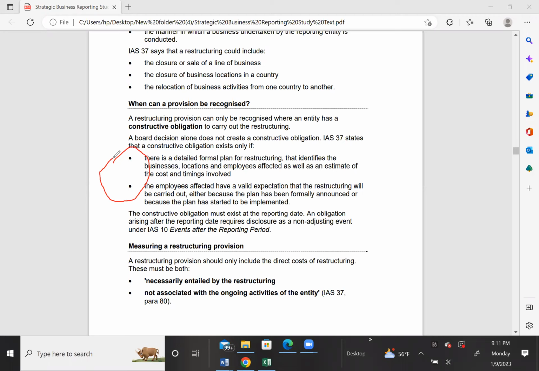Look at Understanding 7. On 15 January X5, the board of directors of Shen voted to proceed with two reorganization schemes involving closure of 2 factories. Shen's reporting date is 31st March and the financial statements will be authorized on 30th June.